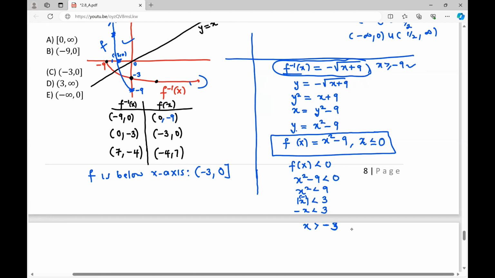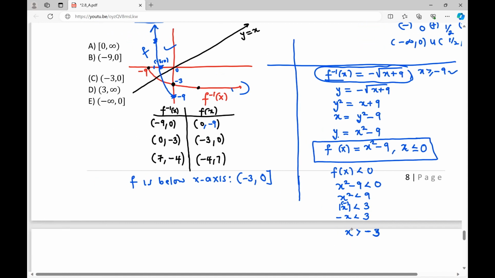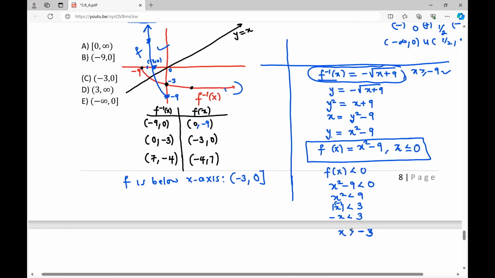Because we already used the condition, x is less than or equal to 0, our answer is just going to be from minus 3 to 0. X has to be greater than minus 3, but x also has to be less than or equal to 0 because of this condition, which must be satisfied.